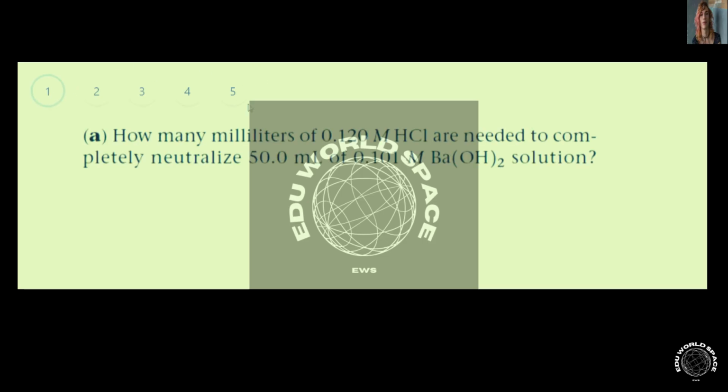Okay, so in the first part of this problem, we are asked to find out how many milliliters of this much molar HCl are needed to completely neutralize 50 ml of this much molar barium hydroxide solution.